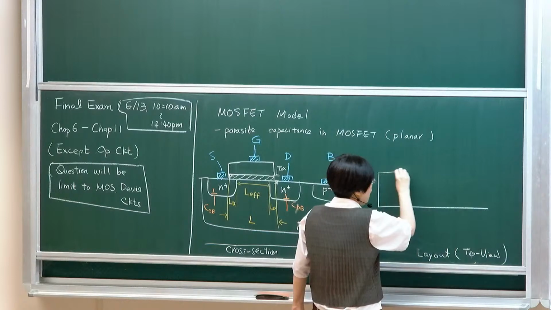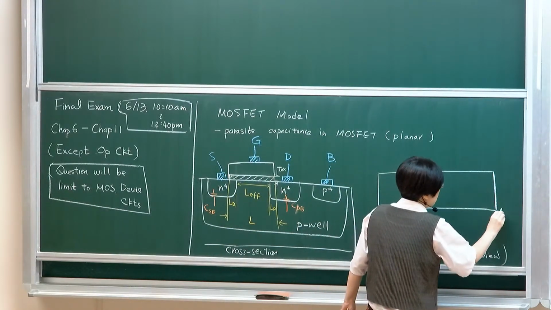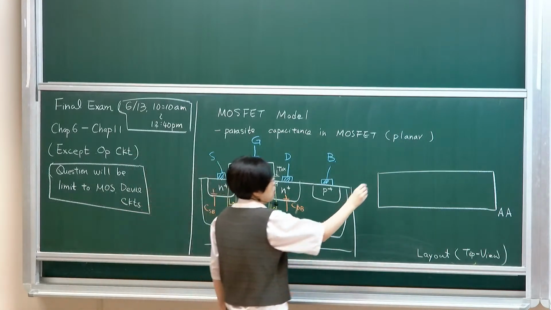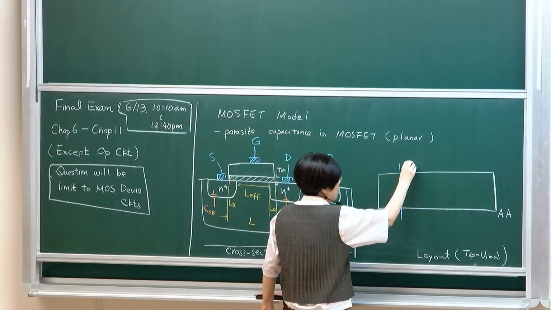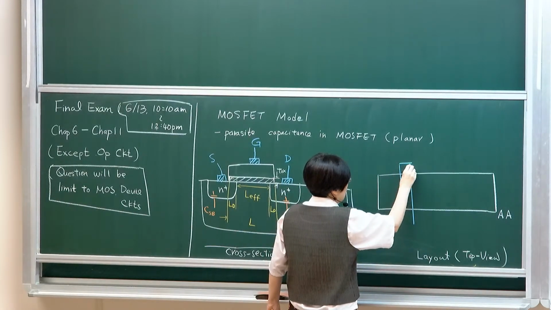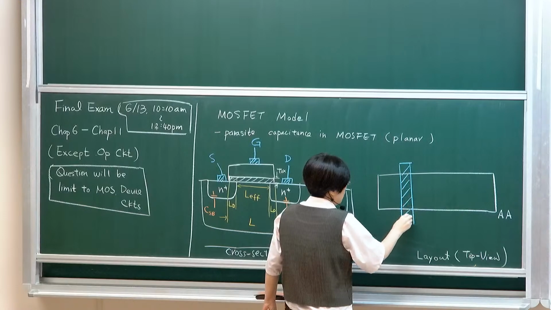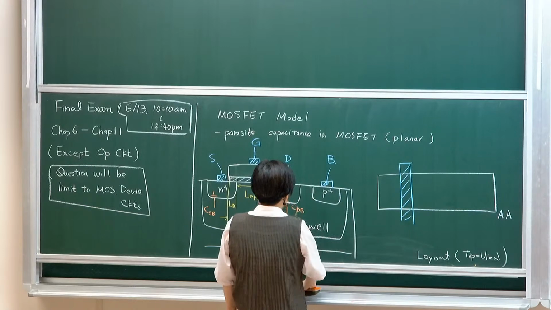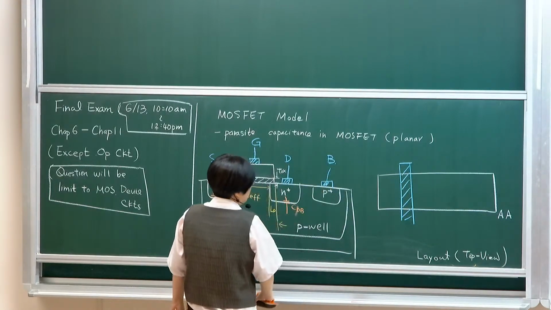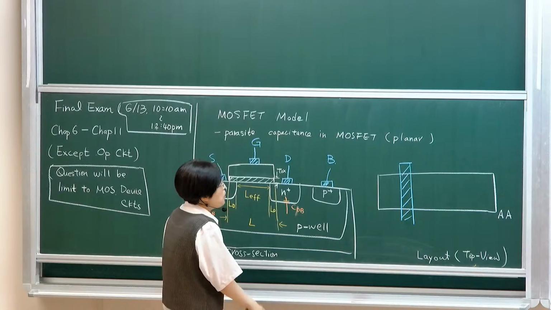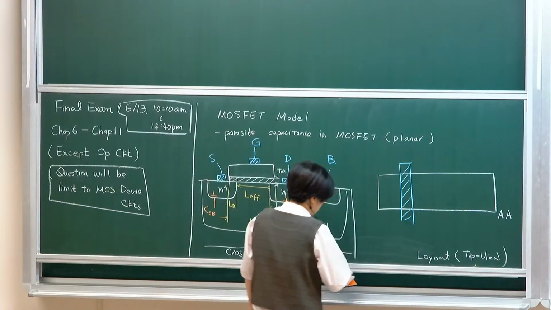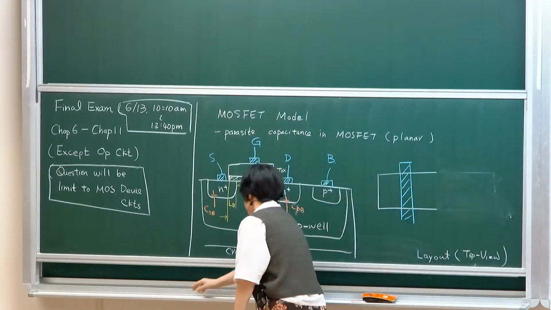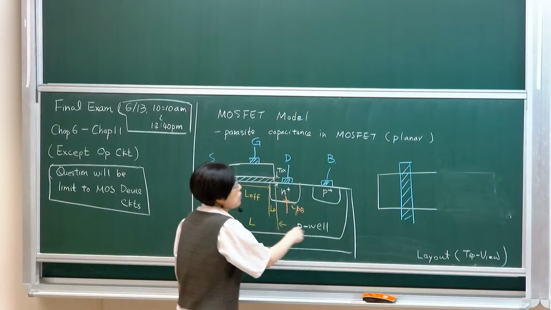So I typically have an active area and then define the gate. Let me just leave it in a simple way. Let's leave the body contact out in this case. Just look at the transistor itself.